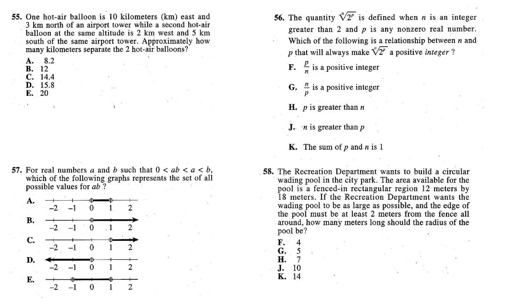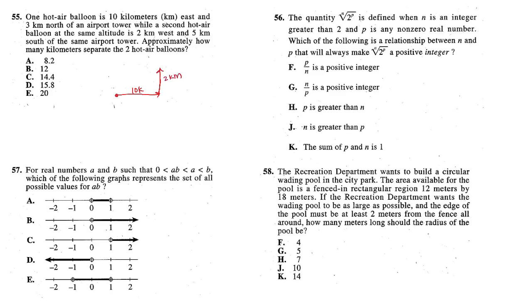Number 55, we have one hot air balloon that is 10 kilometers east and 2 kilometers north of an airport tower. So let's draw that out. We have 10 kilometers this direction, and we have 2 kilometers up.